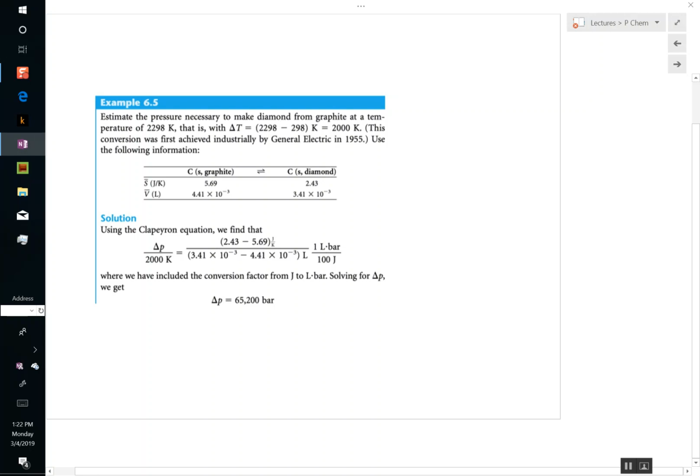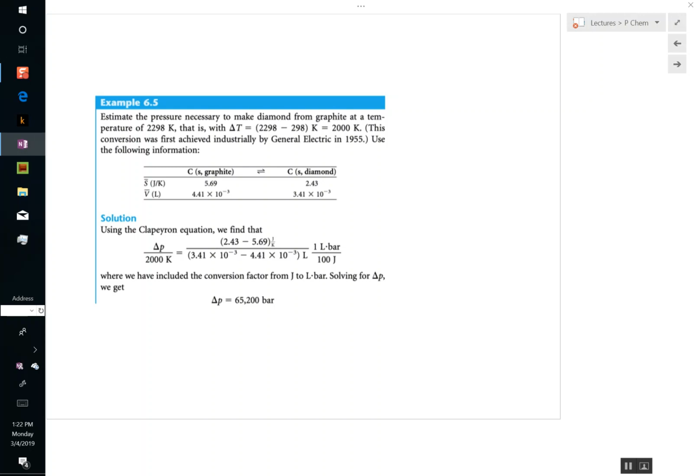This is just another application of this Clapeyron equation, looking at how much pressure it takes to convert coal into diamonds. And it's giving you the volume. Look at the big difference here.